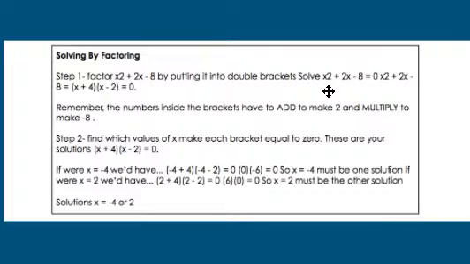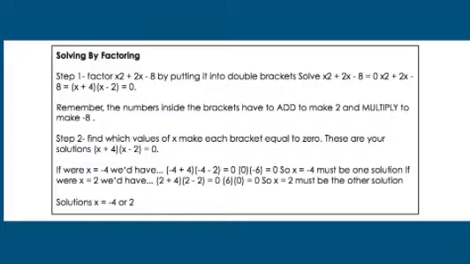Solve x squared plus 2x minus 8 equals 0. x squared plus 2x minus 8 equals, in brackets, (x plus 4)(x minus 2) equals 0. Remember, the numbers inside the brackets have to add to make 2 and multiply to make negative 8.